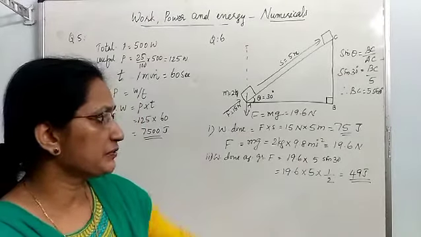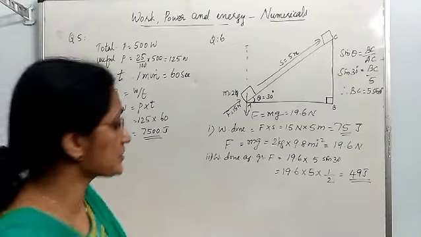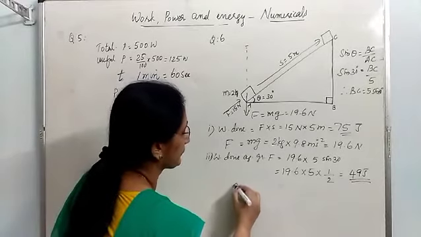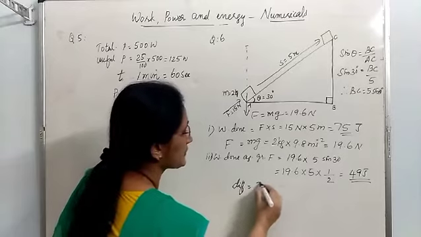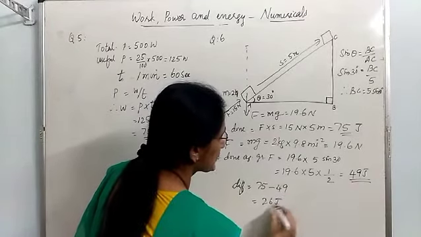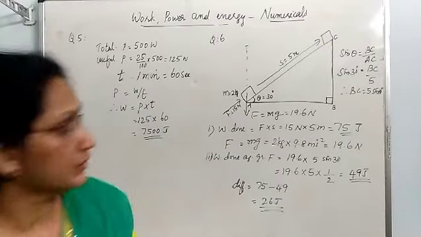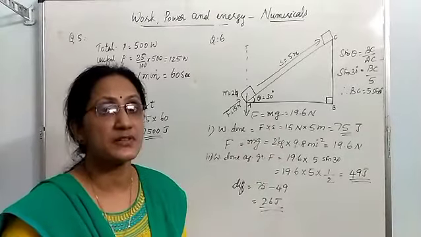Then there is a difference. How much is the difference of the work? A difference of 26 Joule. 75 minus 49. That means 26 Joule of work is utilized for some purpose.